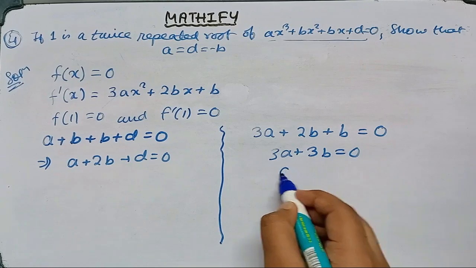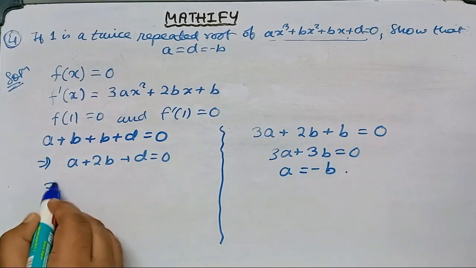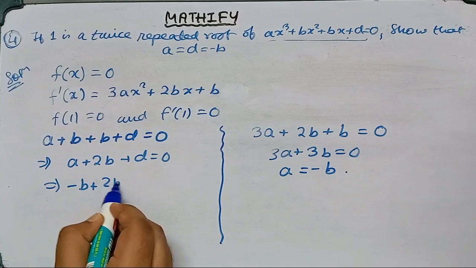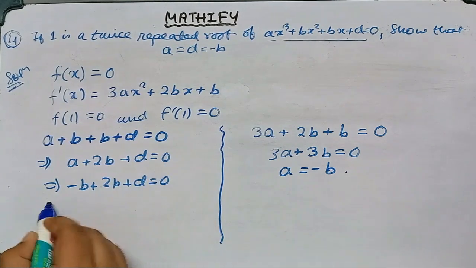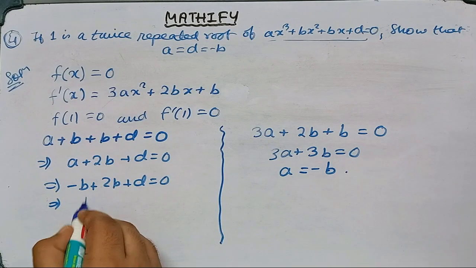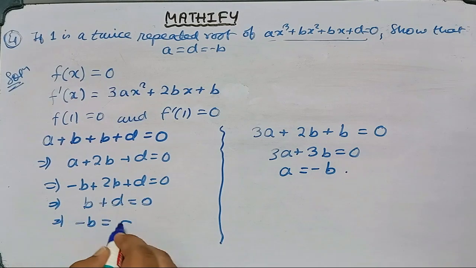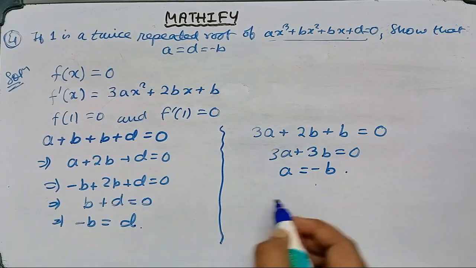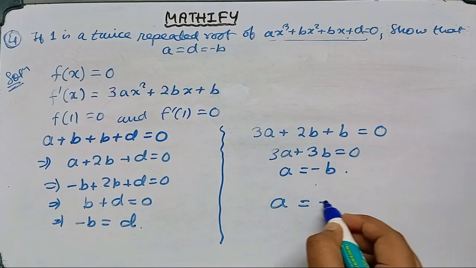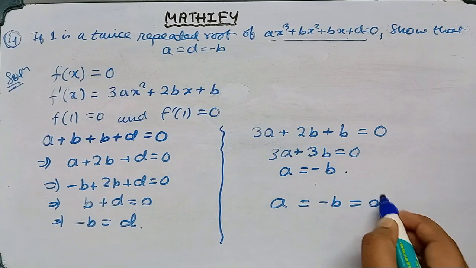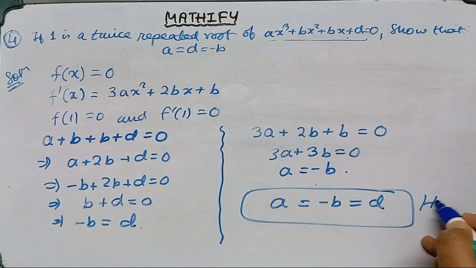So from here a is equal to minus b. So from here minus b plus 2b plus d is equal to 0. So what I can say is that b plus d is equal to 0. So minus b is equal to d. So combining these two, I can say a is equal to minus b is equal to d. What we had ought to write, hence proved.